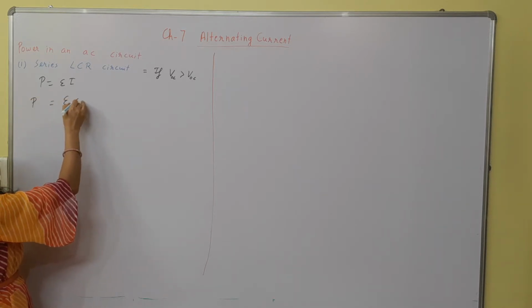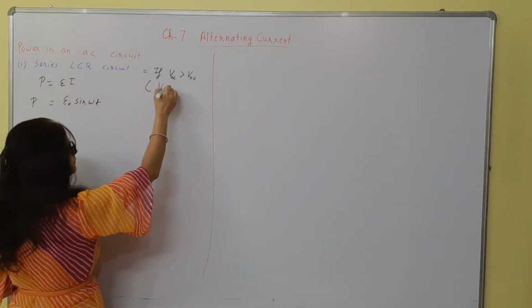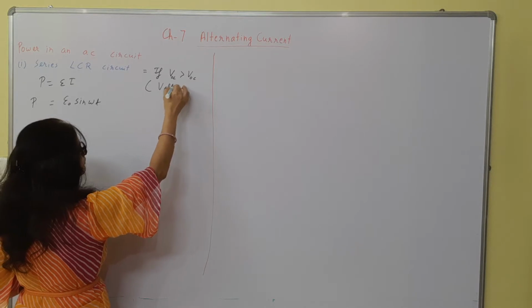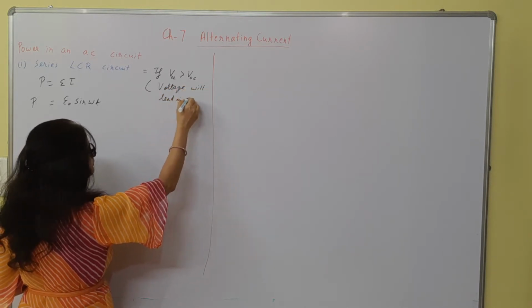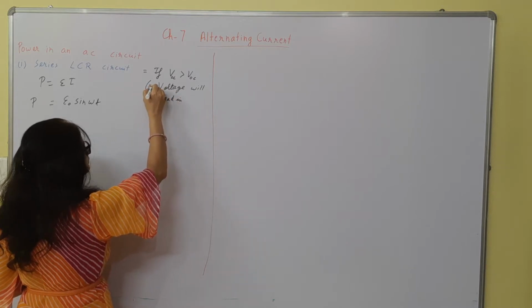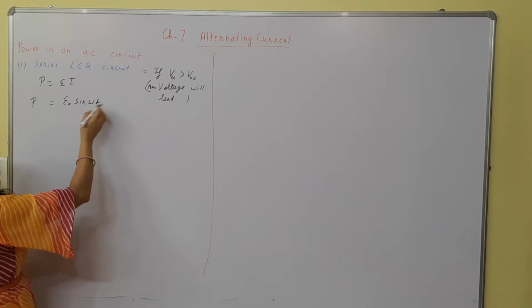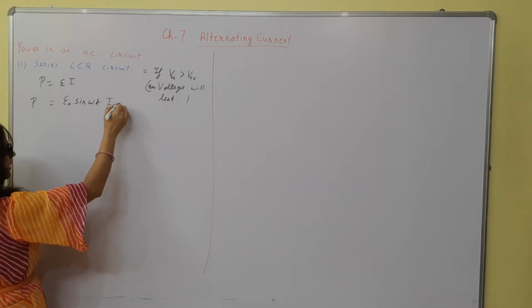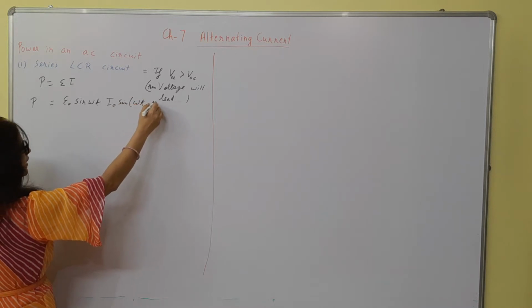So if I am writing the expression, the voltage is E naught sin omega t and the current I can write as I naught sin omega t minus phi.